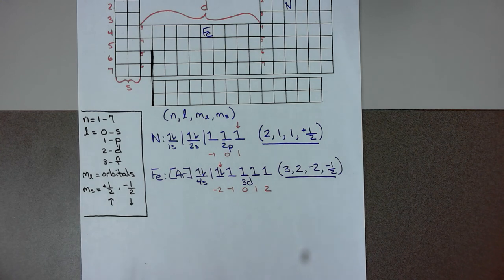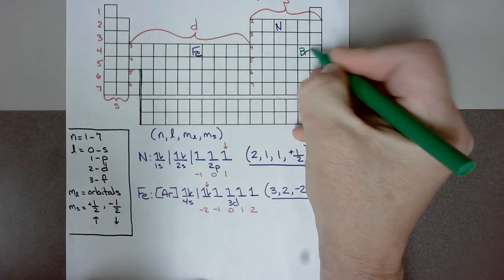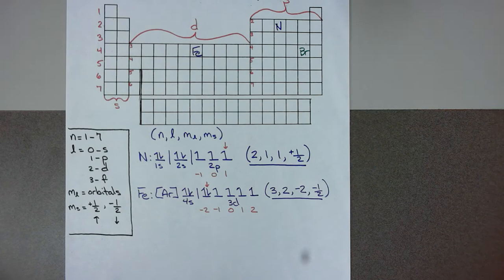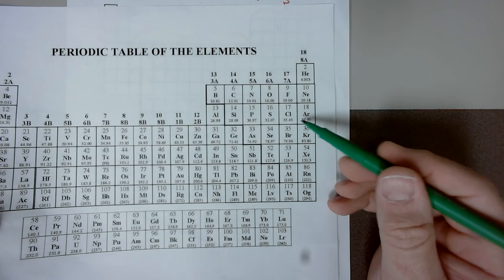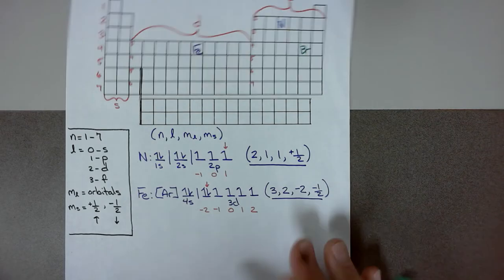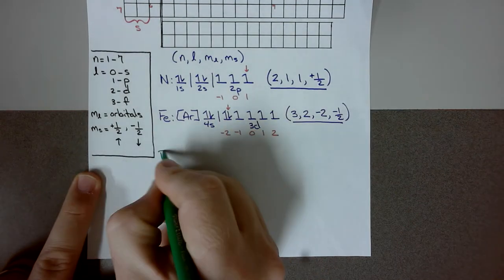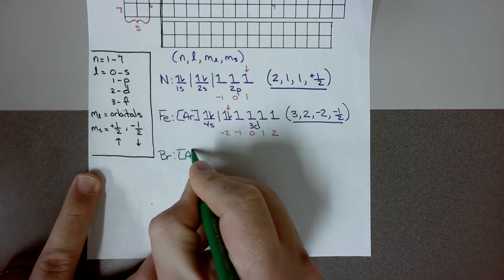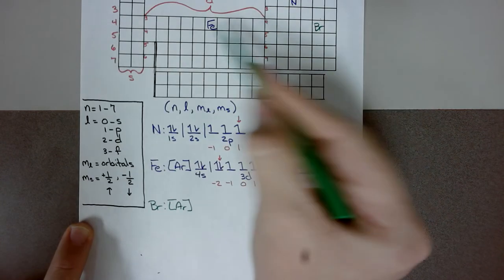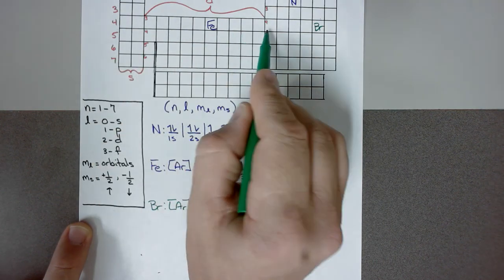Let's look at bromine. Bromine is sitting over here, and bromine has 35 electrons, and I can start out again with argon to represent the first 18. So we have bromine, and we're going to have argon, and when I start I have 4s, 3d, and then 4p.